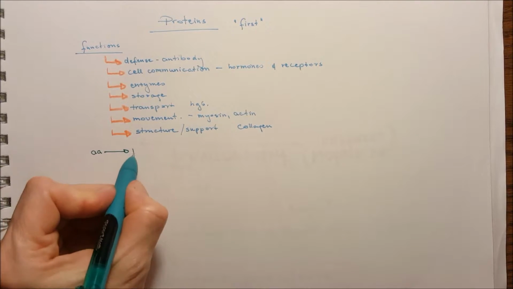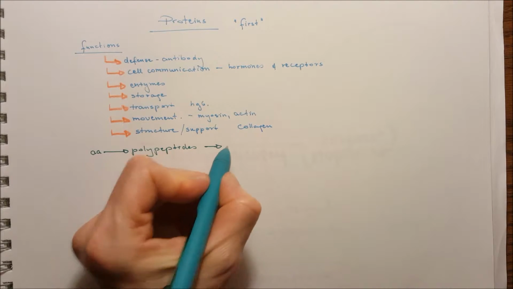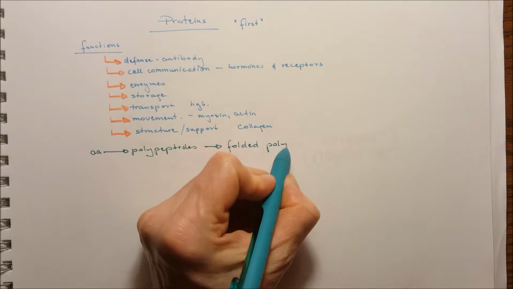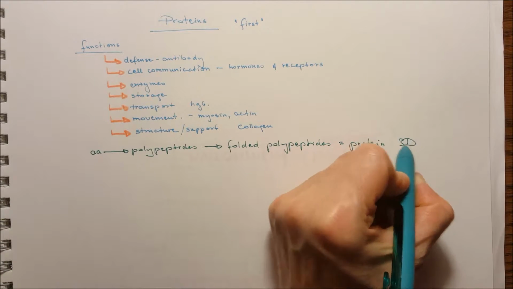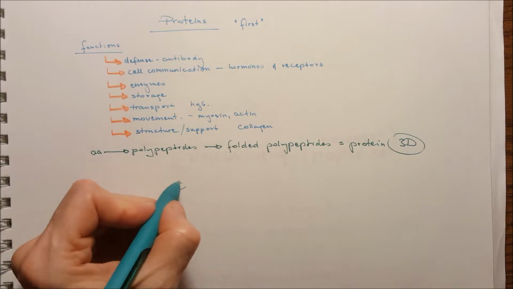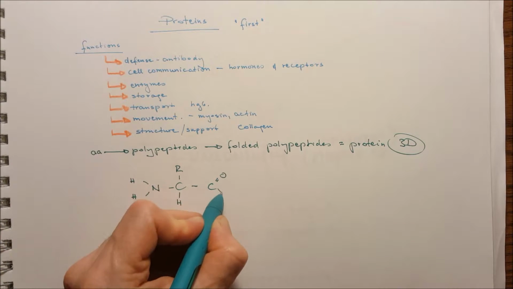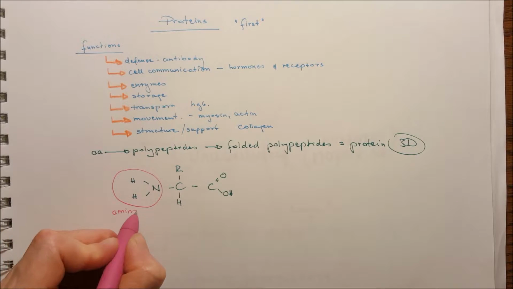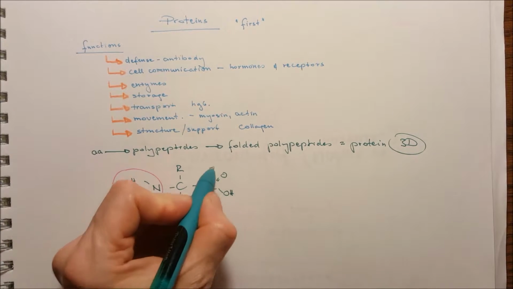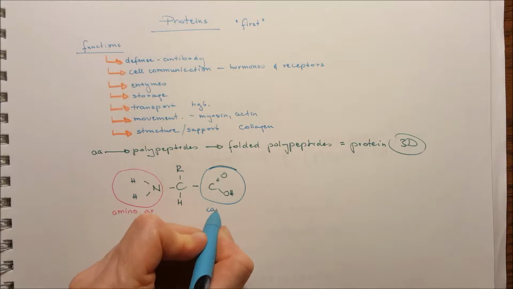Many amino acids form polypeptides, and as the polypeptides get folded in the rough endoplasmic reticulum, they will gain a three-dimensional form, the protein form. This is how a general amino acid looks like, with the amino group on the left, and on the right is the carboxyl group.